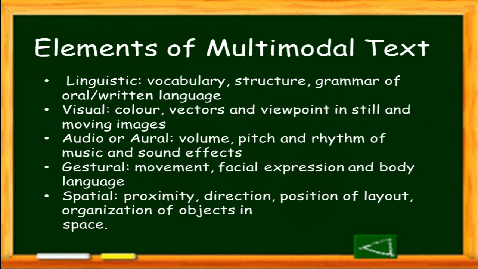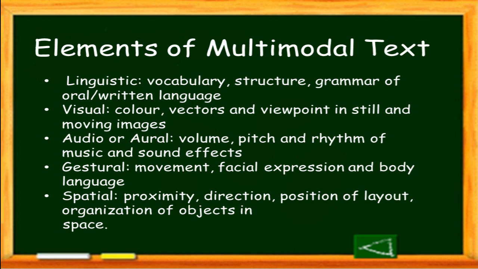Here are the elements of multimodal text. Number 1, linguistic. Vocabulary, structure, grammar of oral or written language. Number 2, visual. Color, vectors, and viewpoint in still and moving images. Number 3, audio or oral.